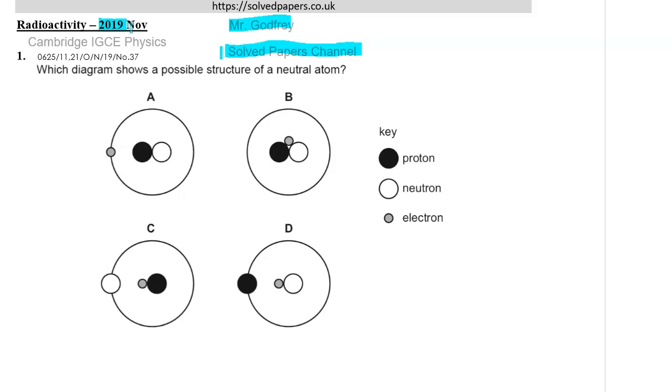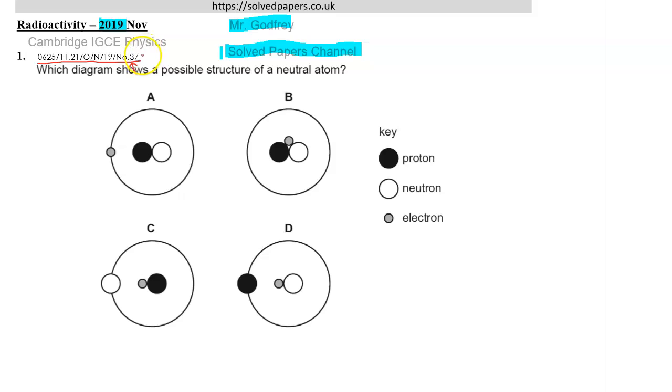Question number 1. As I've indicated to you, these questions are from the October-November variant. When you see this, it indicates to you what question that is. This is question number 37. This question appeared on two variants, paper 1-1 and 2-1 of October-November 2019.